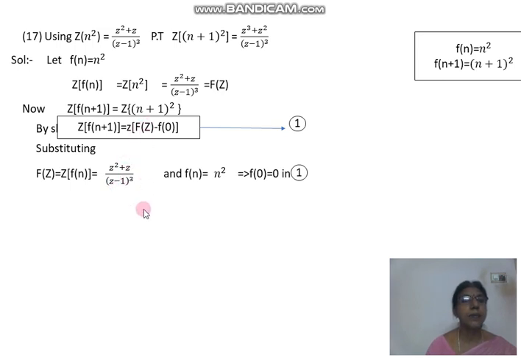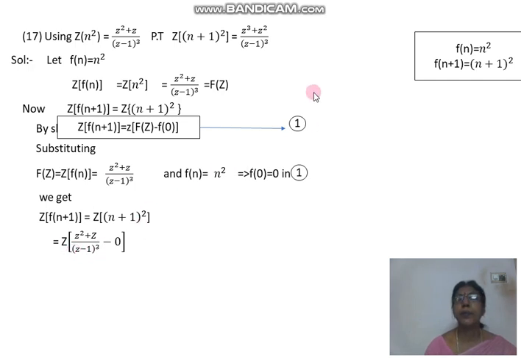We get Z{f(n + 1)}, that is Z{(n + 1)²}, equal to z times F(z), which is z times (z² + z)/(z − 1)³.